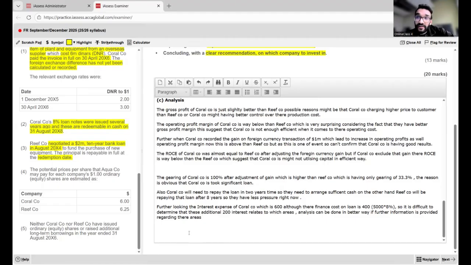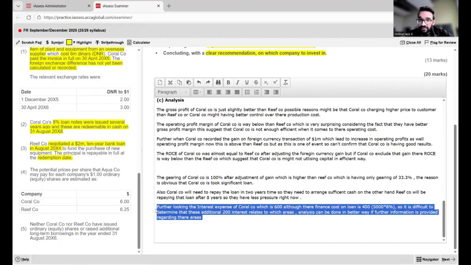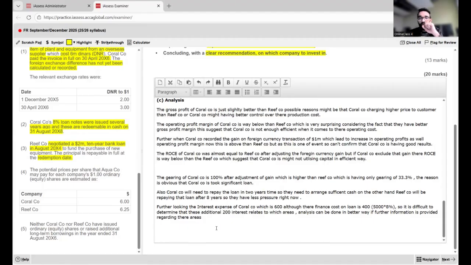One of the points we can raise: if we are going to acquire this company, and in future they need a loan repayment, Coral company might issue additional shares as well. I'll be covering this point later.